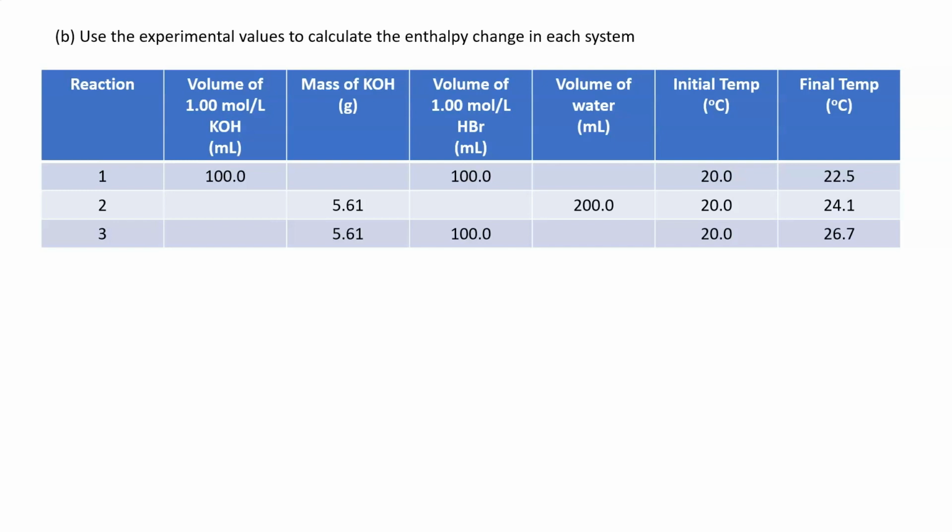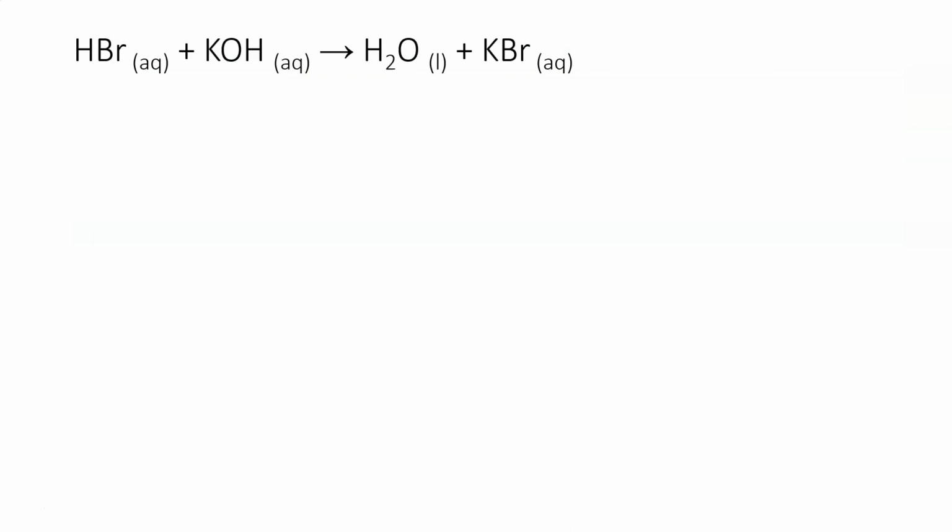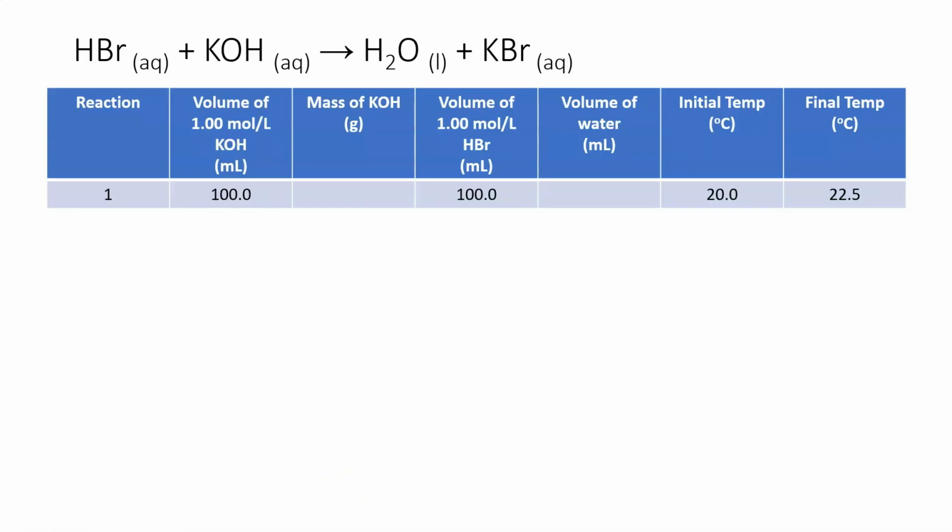And now I'm going to use this information to first determine the enthalpy change for each of the reactions I had above. Now that I know that my first two equations can add up to my third, I'll take my information and look at the enthalpy change for each of the reactions independently.